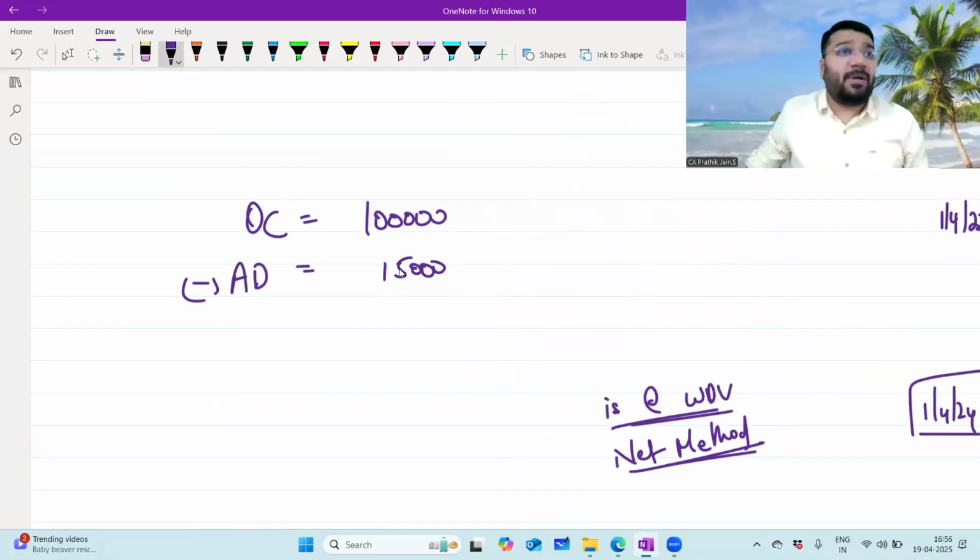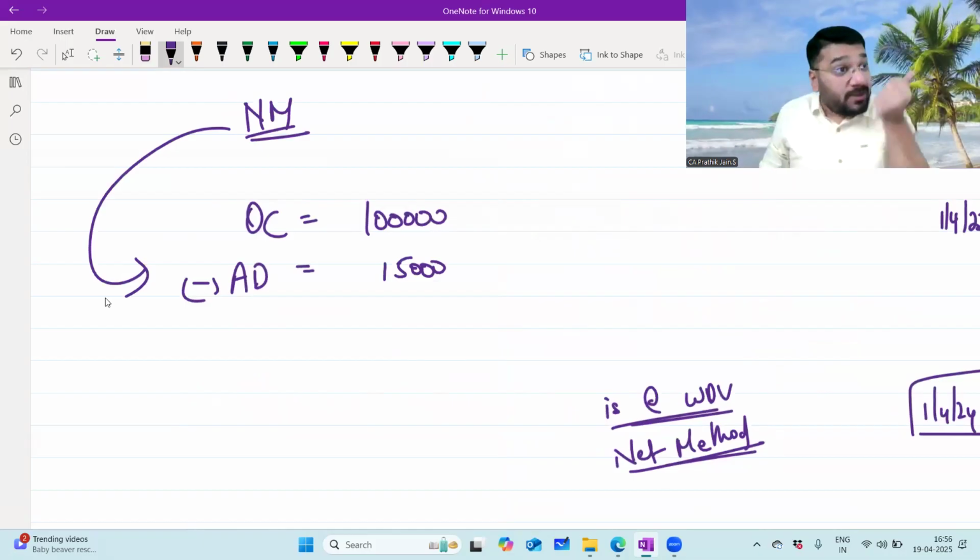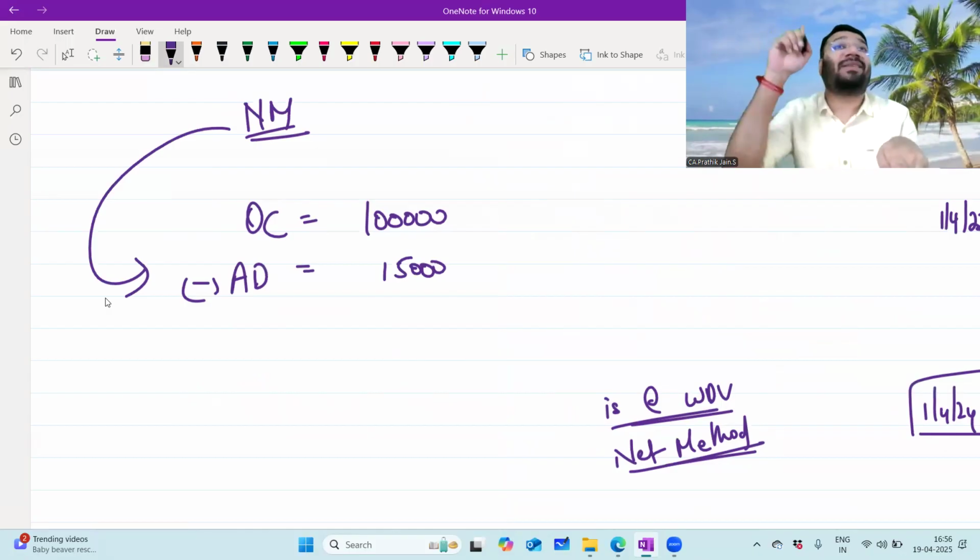Now, why I'm using this word is because in some questions they will tell you, in the net method itself, they will use the word accumulated depreciation. Just because they're using the word accumulated depreciation, this does not become the accumulated depreciation method.